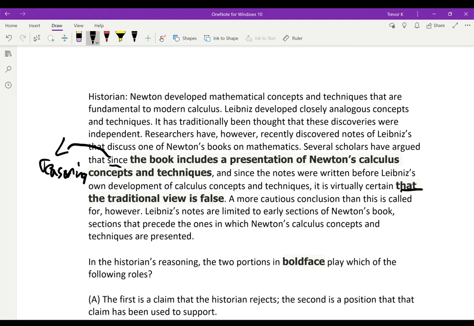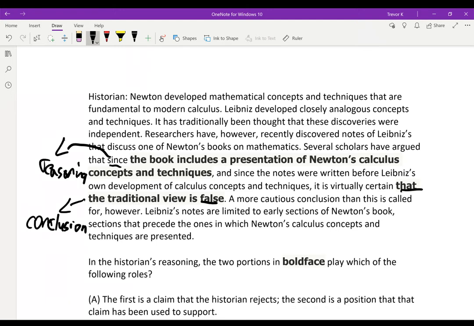So here we've got another conclusion, right? It's certain that the view is false. So that seems pretty clear. We've got reasoning: since this, therefore the view is false, right? That's pretty traditional, with 'because' and 'therefore', and we've got an opinion here, false.